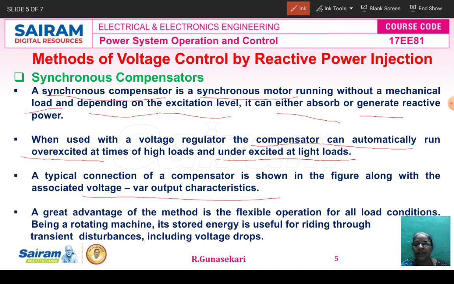And the advantage of this synchronous compensator method is flexible operation for all load conditions, whether light load, heavy load or moderate, because the synchronous compensator can act as a synchronous motor which operates at any power factor at any load condition. It is a rotating machine that stores energy, which is useful for riding through transient disturbances, including a voltage drop.